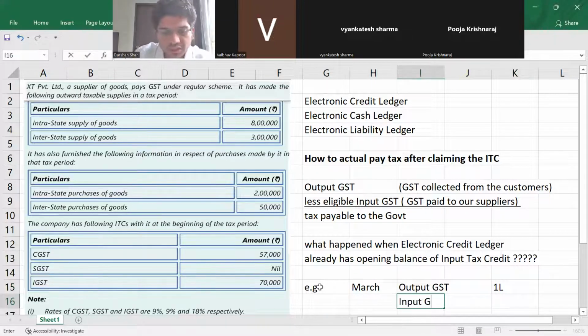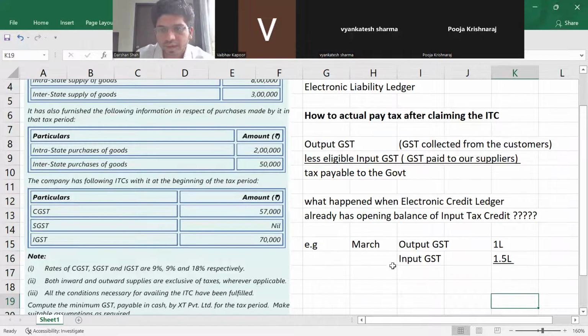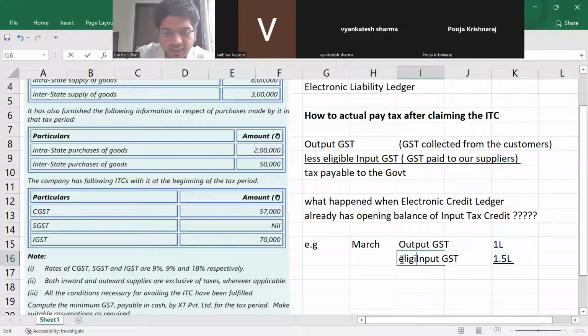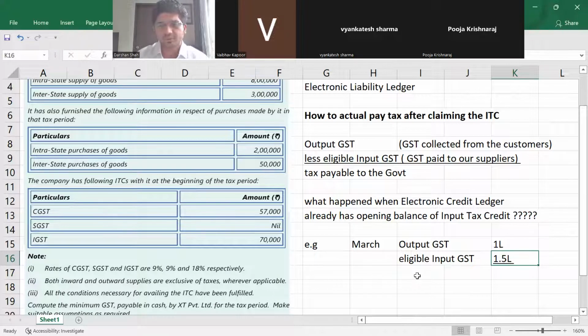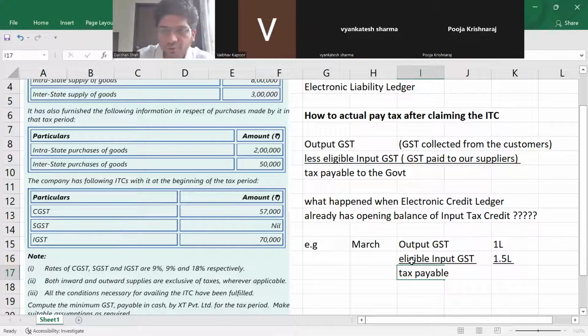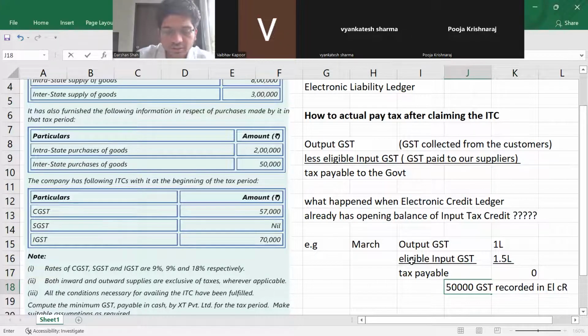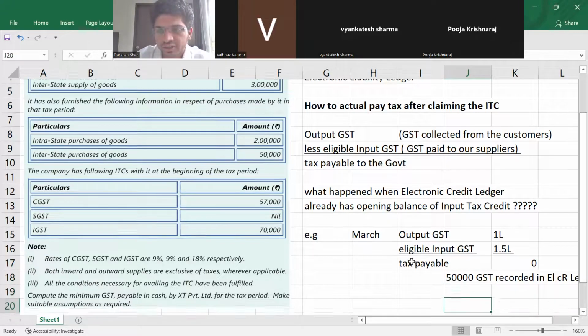And eligible input GST was 1.5 lakhs. Yeah? So do I need to pay tax to the government, guys? Output GST is 1 lakh. I have collected GST of 1 lakh, but I have eligible input GST of 1.5 lakhs. So what happens now? In this case, tax payable will be 0, correct? And this 50,000 input GST is recorded in the electronic credit ledger, right?